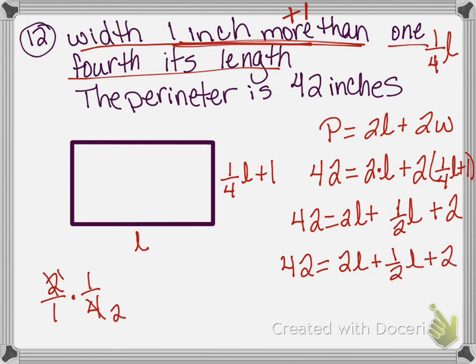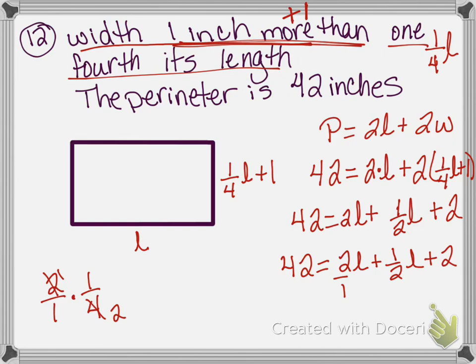Now, it really depends on what you want to do next. It's reasonable to multiply everything by 2. If I multiplied everything by 2, what would happen to that 1/2? It would cancel out. Okay, so it's completely reasonable to do that. Some students will be like, nah, 1/2's not that hard to deal with.